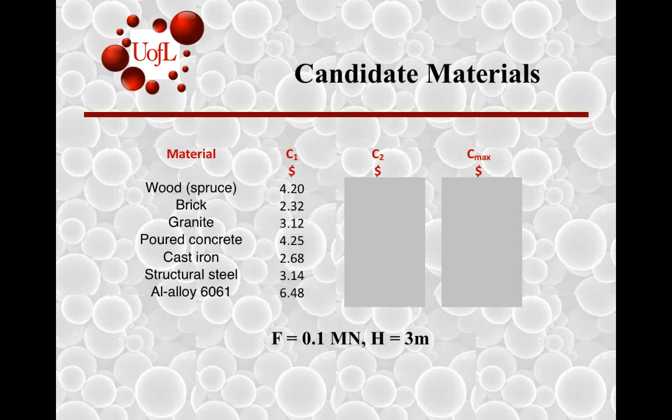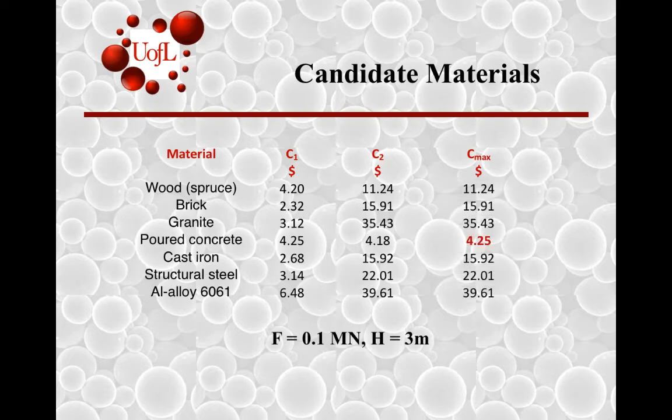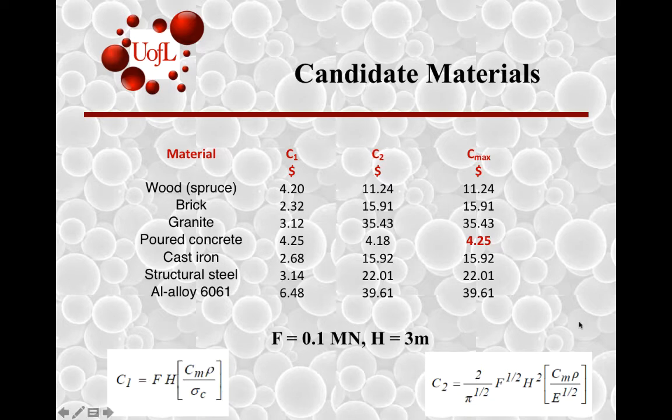So in the first case, you will get a material index based on the first constraint by this range, and the second constraint by this range. We'll come to that column in a bit, but C1 and C2 are calculated based on these two constraints.